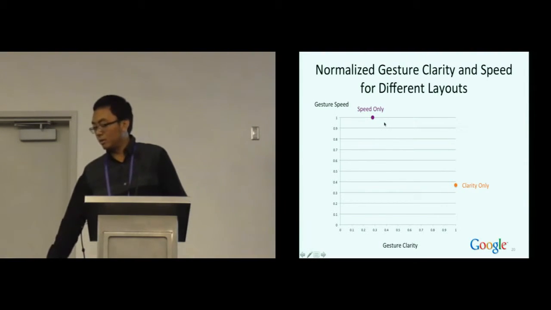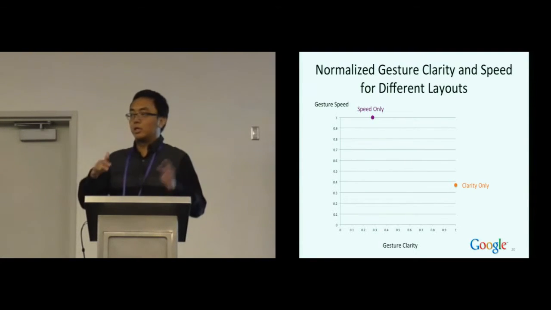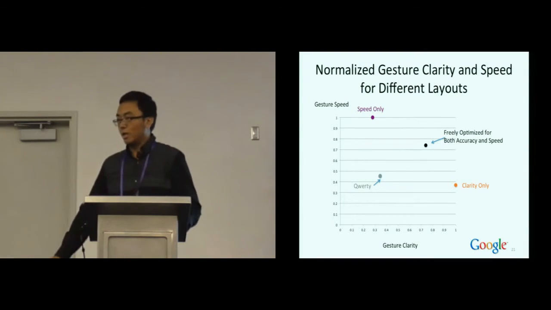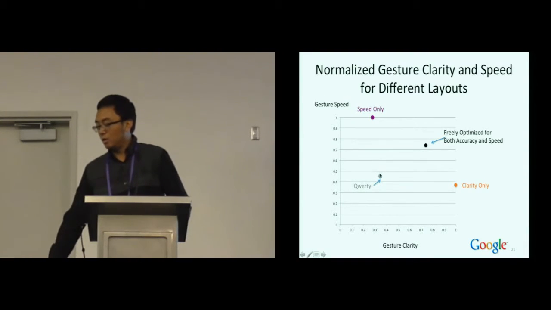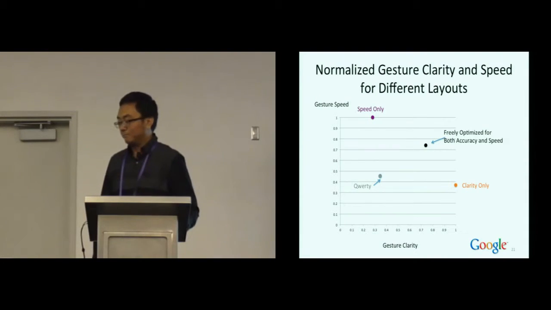Here's the layout we optimized for speed only, and we didn't add any constraint. Basically, you can move any keys to any location. And you can see here, Qwerty is at the very low end in both axes. It confirms our observation that it's very inefficient and ambiguous for gesture typing.